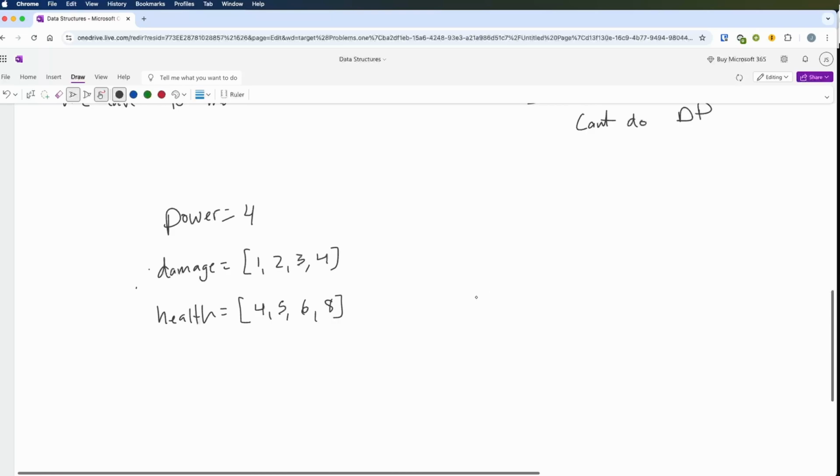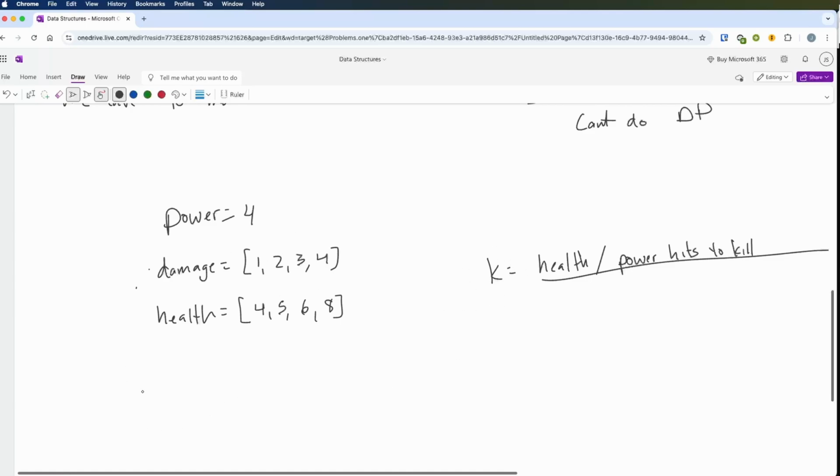So we know that it's going to take health divided by power hits to kill, right? We know this. And then once we know this, let's call this K or whatever, we know that the damage that can be dealt is K times our damage.